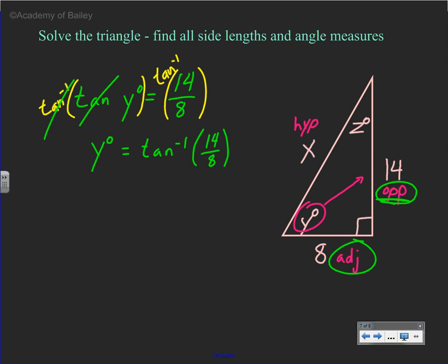Tangent inverse of 14 over 8 is equal to 60.26 degrees. We rounded, so it was approximately equal to that. And we're looking for z, so z degrees is equal to 90 minus 60.26.